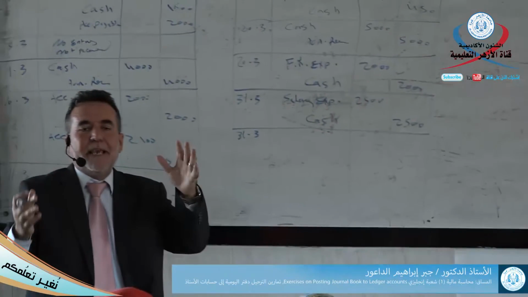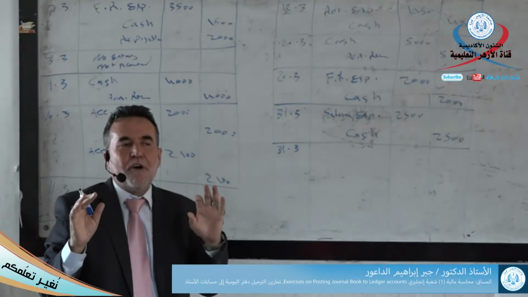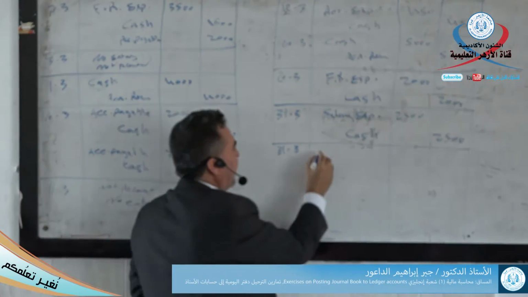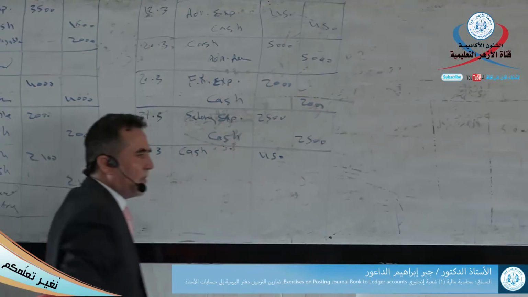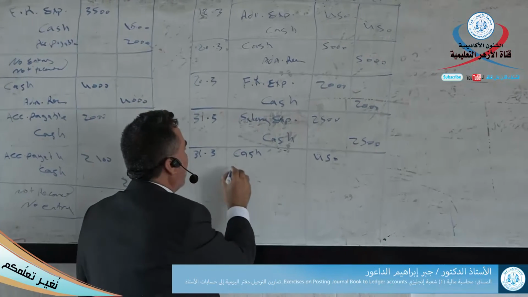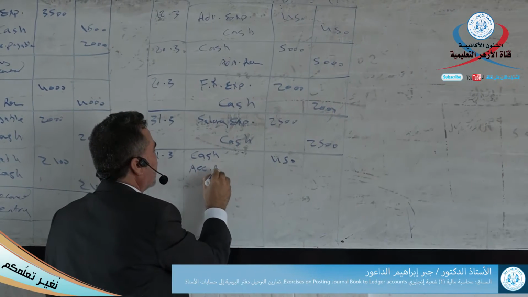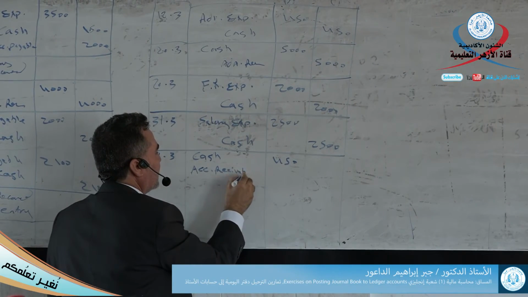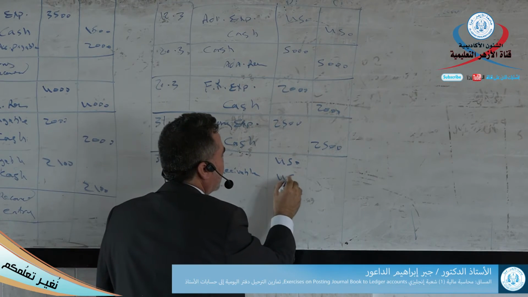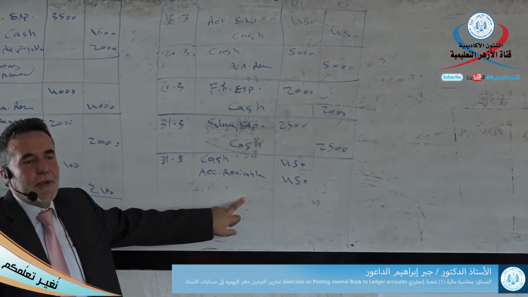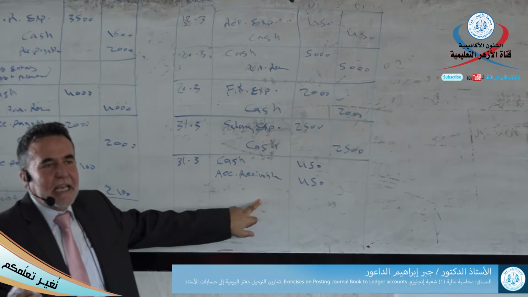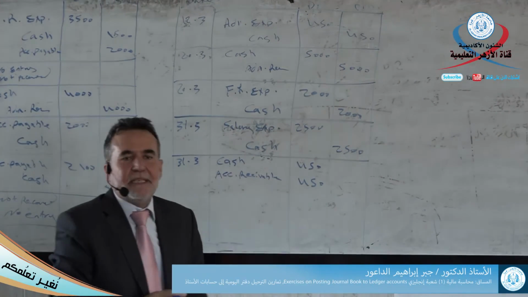Cash it will be increased by 450. Cash, account receivable to concession revenue. الإيرادات تبعت اللي أخذناها من الستاند من ستيفن.